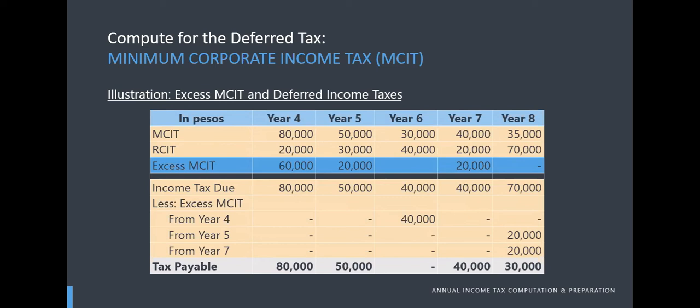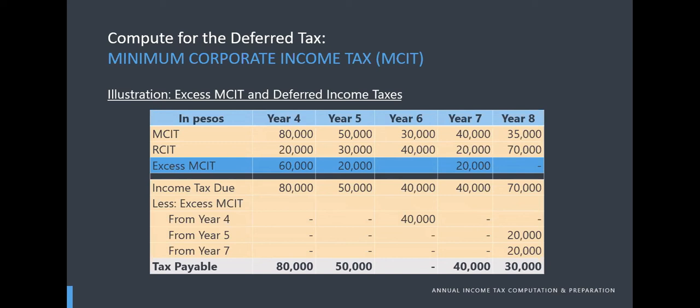In year 6, the company now is in a regular corporate income tax position. So here, the income tax due is now equivalent to RCIT, which is 40,000.